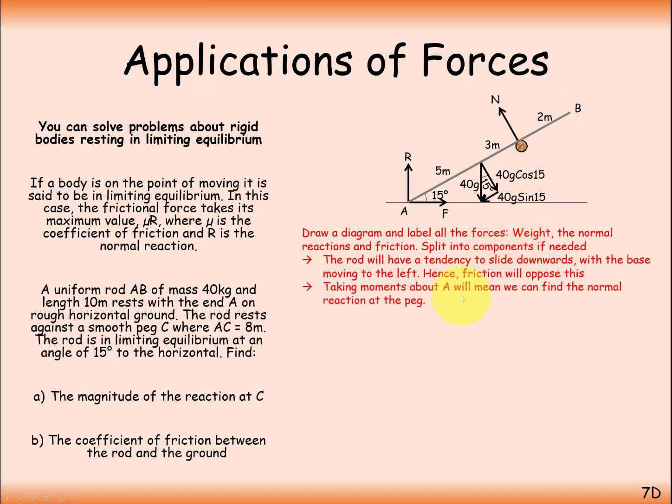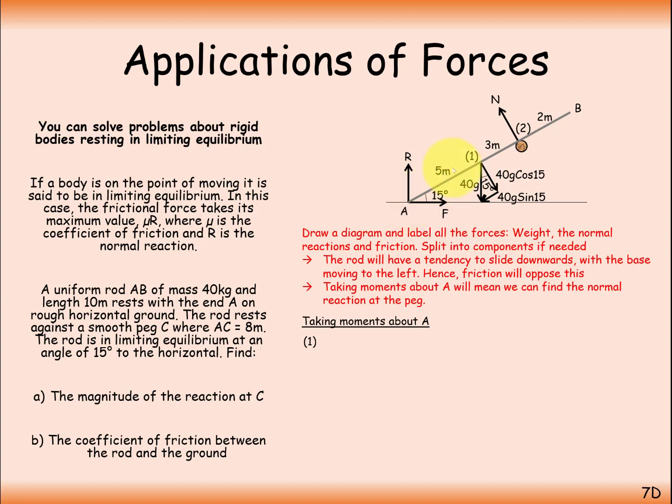Now we have to take moments here, and that will help us find the normal reaction at the peg, so it's easier to take the moments about A. So taking moments about A, do write that down to make it clear. That's part 1 and part 2.